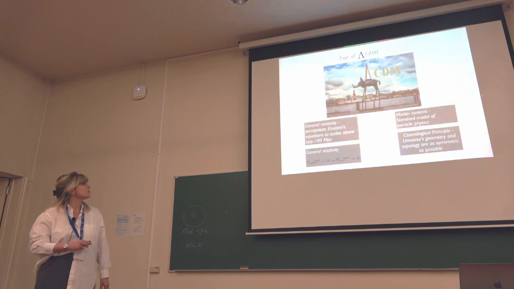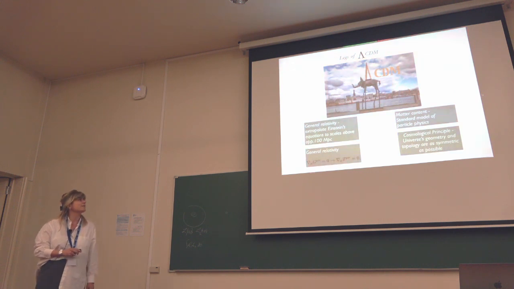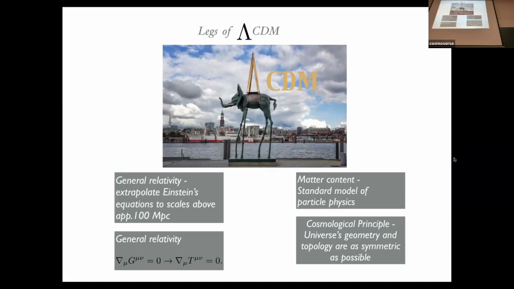It's based on general relativity, so we can say that the Bianchi identity is satisfied, and it implies the energy momentum tensor conservation. The energy momentum tensor inside the universe includes the positive cosmological constant, the cold dark matter and radiation. This is based on the standard model of particle physics. And we consider the universe, geometry, and topology are as symmetric as possible.